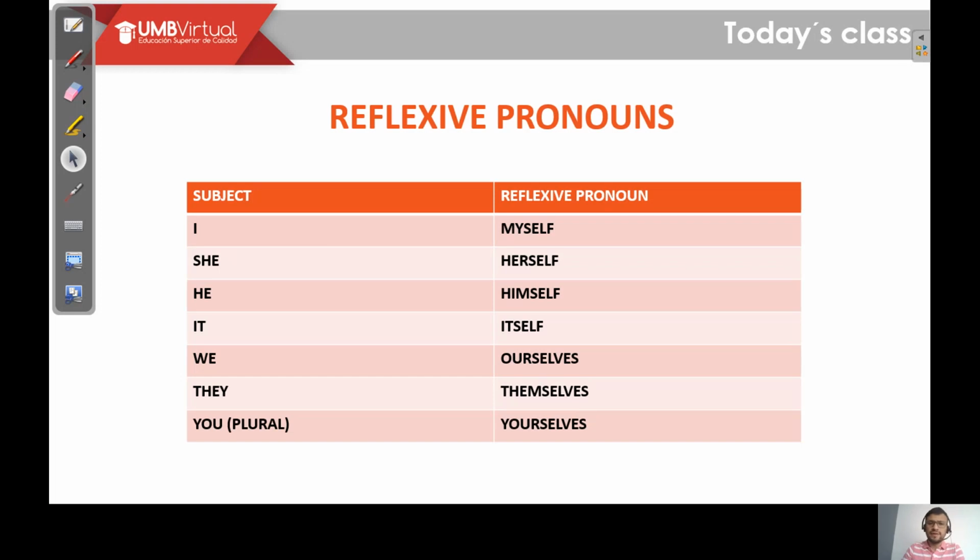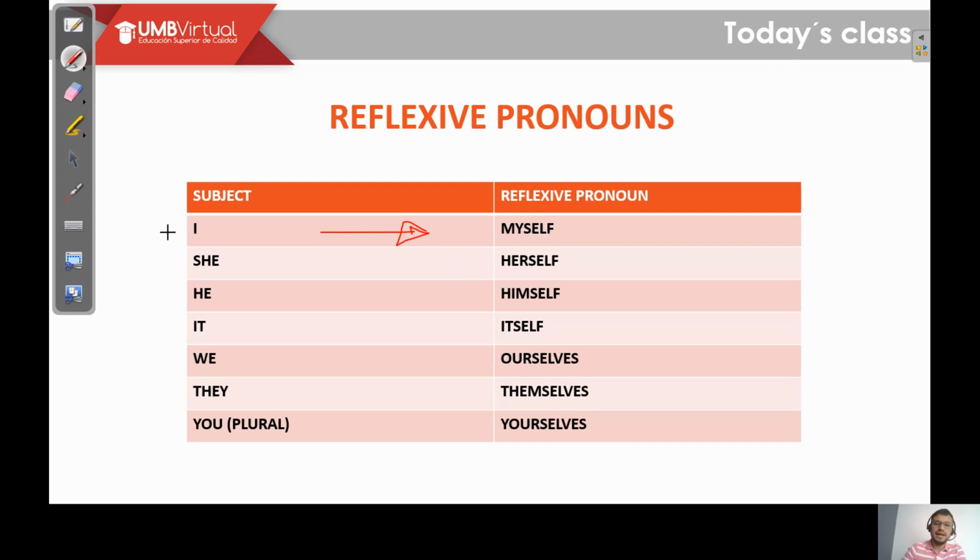Let's continue with reflexive pronouns. Reflexive pronouns help us to mention things about ourselves. In this case, ourselves means that you are talking about the same person.